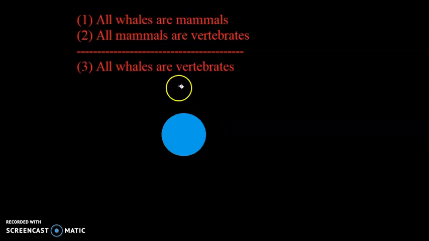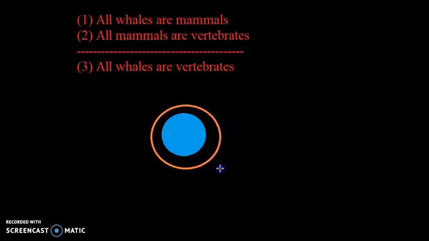So I'm going to do our mammals in orange in a second. The basic idea is that if all whales are mammals, then in some sense the whales are contained inside of the mammals. Now, we know independently that there are some things that are mammals that are not whales, so they're not going to be blue.